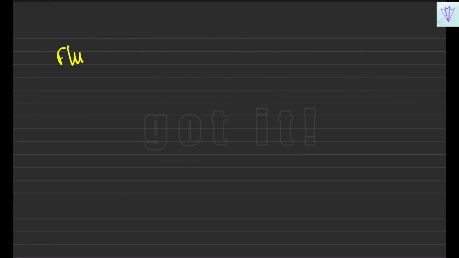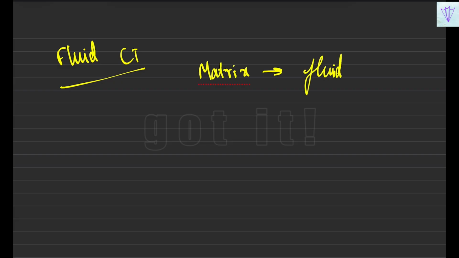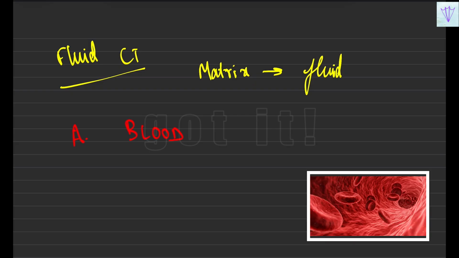So as the name suggests, fluid connective tissue. So the matrix is fluid. So first, blood. So in fluid connective tissue, we have blood and lymph. And first we are studying about blood.